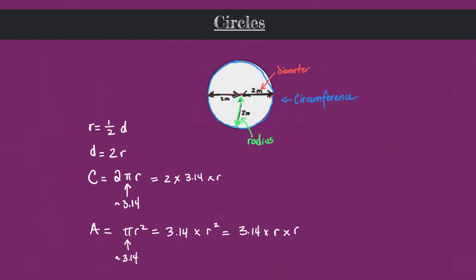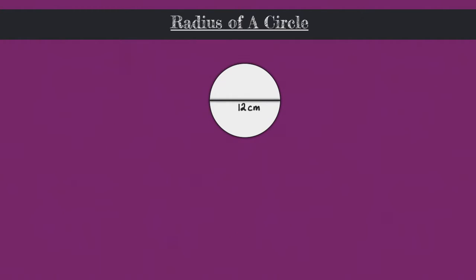of our circle. So here we're asked to find the radius of our circle. Now, recall, we just put the formula down. The radius is equal to a half the diameter. Okay, now taking a look at our circle, we are given this line that goes through the center of our circle.